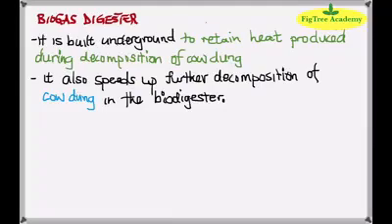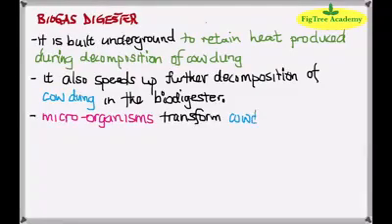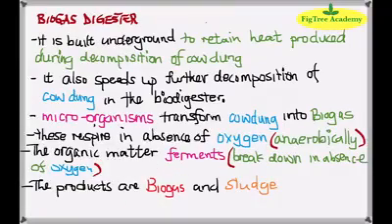So this will result in fermentation and formation of biogas. The products of the biogas digester are biogas and sludge or slurry, which is a completely rotten waste used for fertilizer.